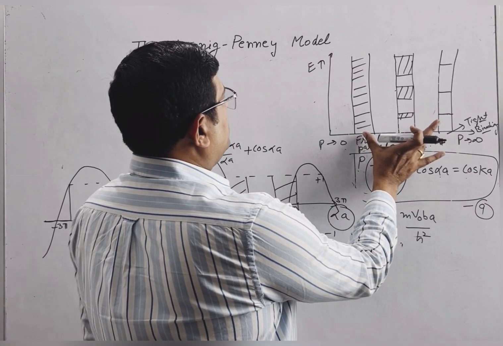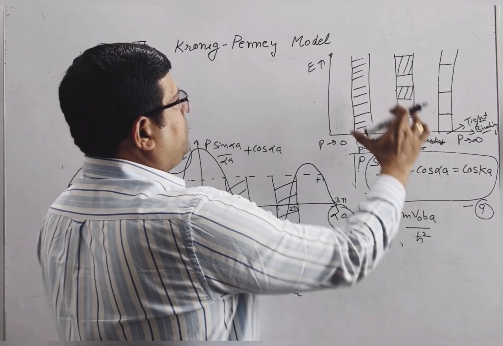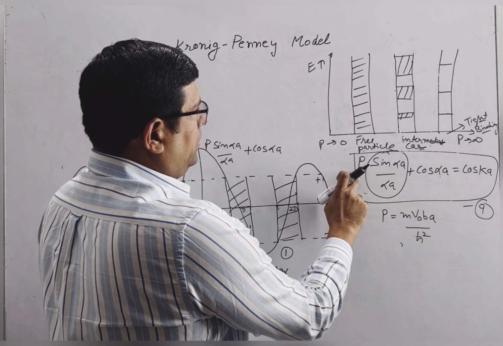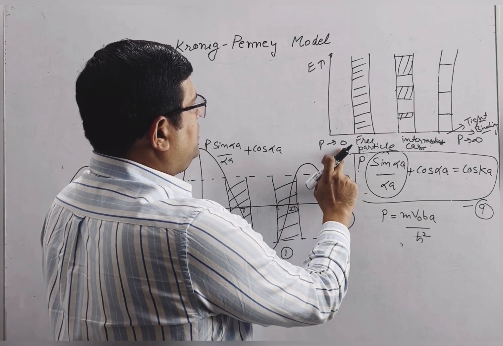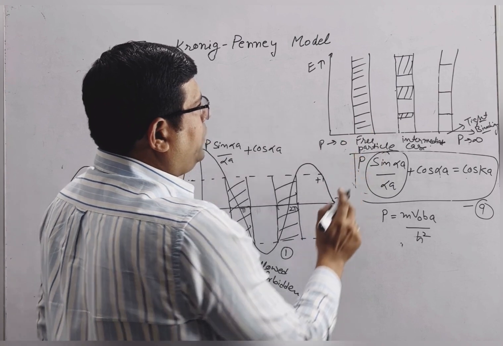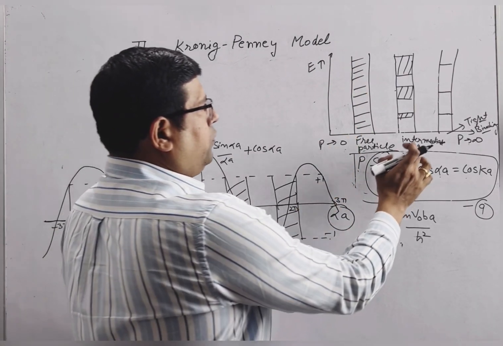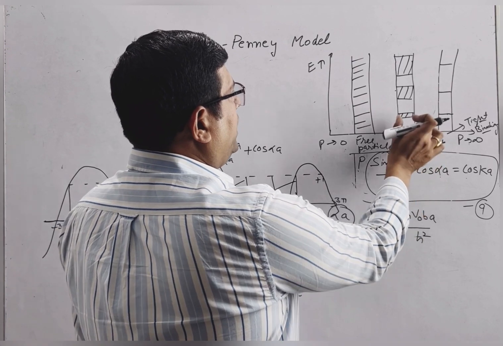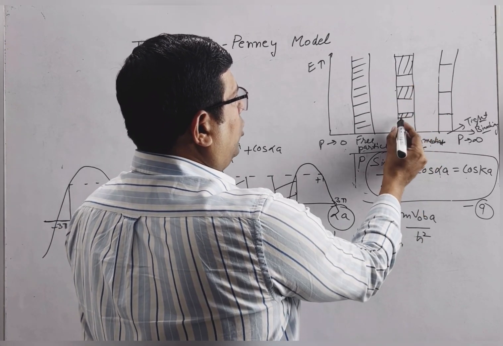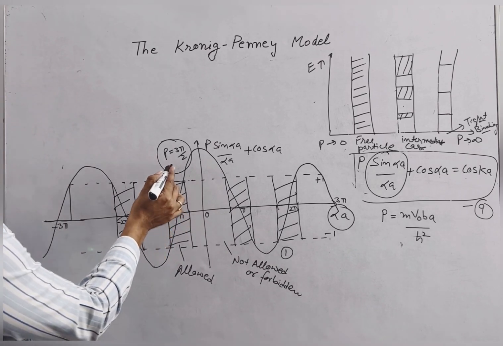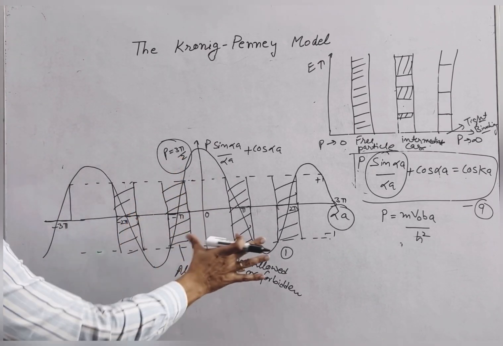This diagram shows the different permissible energy values with respect to P. When P approaches 0, the particle is free and all the levels are allowed to it. For the intermediate case, we get allowed bands separated by forbidden bands, like in the case of P equal to 3 pi by 2.